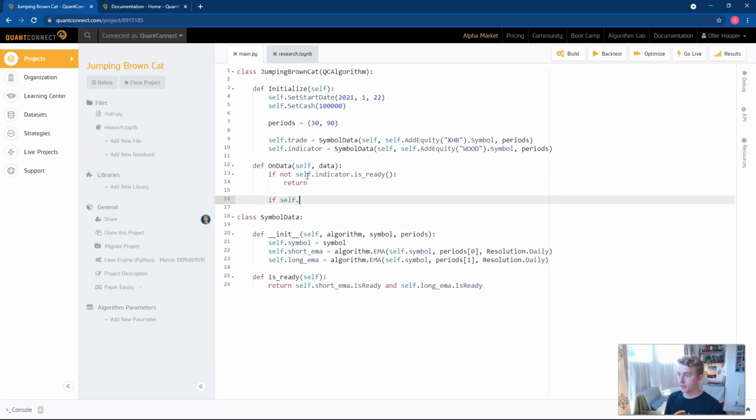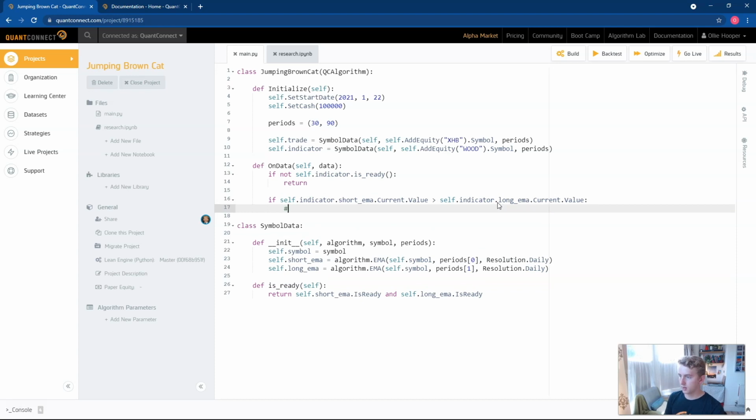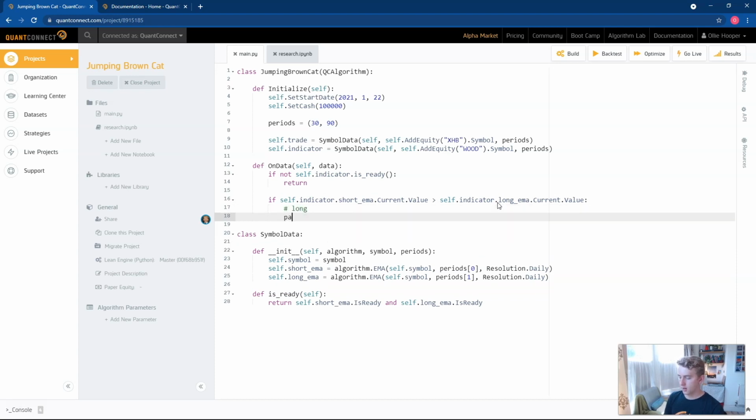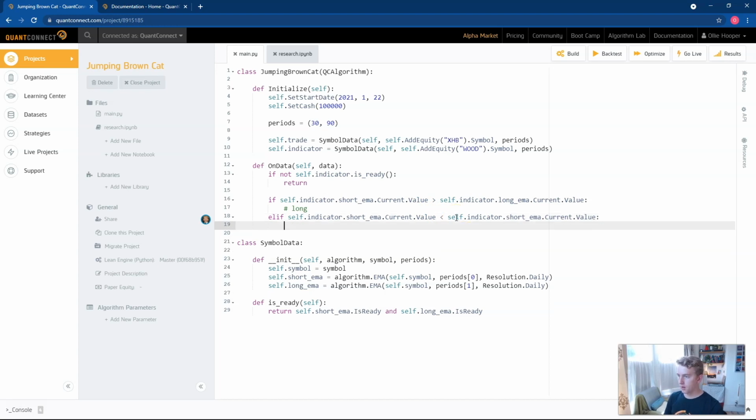So we can just check if self.indicator.shortEMA.Current.Value is above, so let's just copy that to make it a bit easier, the long, then here we want to be long, and then else if it's the other way around, so the long is above the short, then here we want to be short.